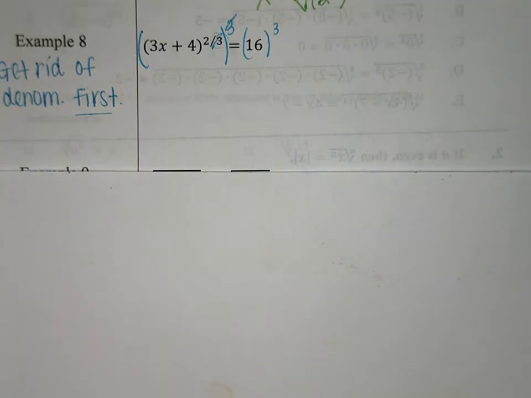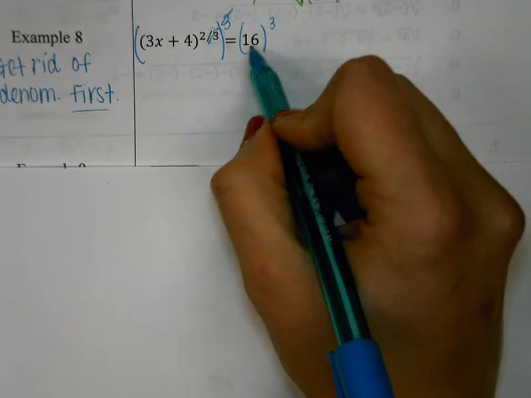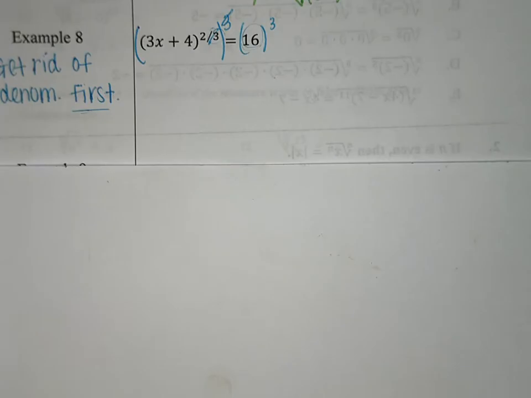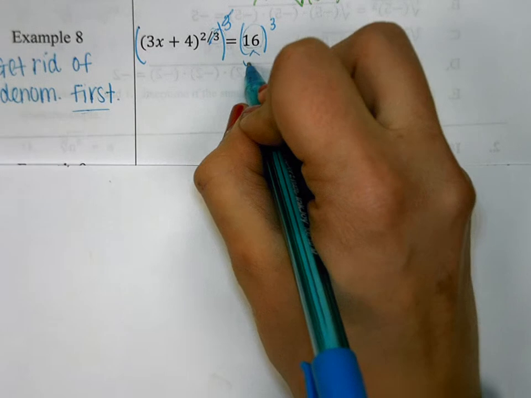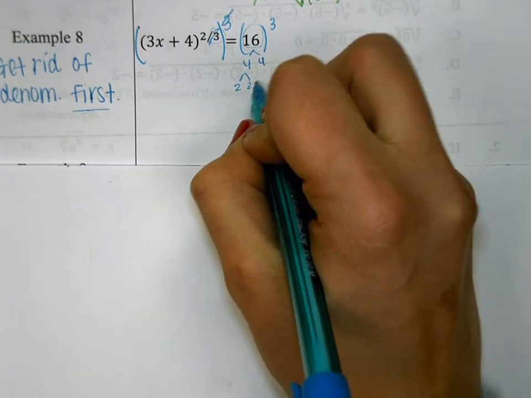Now before we rewrite this, how could we rewrite 16 to the third power and as small as we can? 16 is 4 and 4, and each of those 4's are 2 and 2.